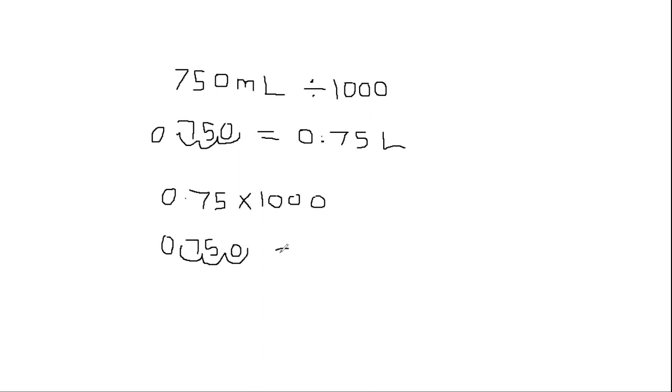So my answer is equal to 750 milliliters. As simple as that. Now, this is when we're focusing on having a decimal point. I just wanted to clear that up before we start speaking about the adding part.